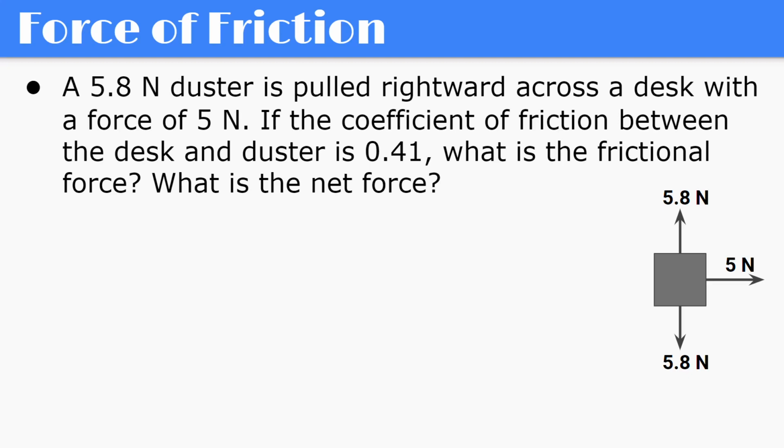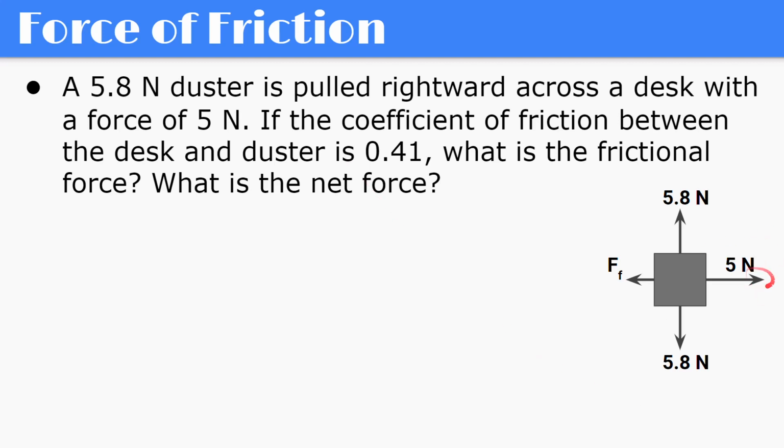I do know that there is friction because it's implied when it says what is the frictional force. Also, I know there's friction because my coefficient isn't 0. I don't know how much friction there is, but I know it's there. You can write this down as well: the force of friction will always be either less than or equal to this applied force.